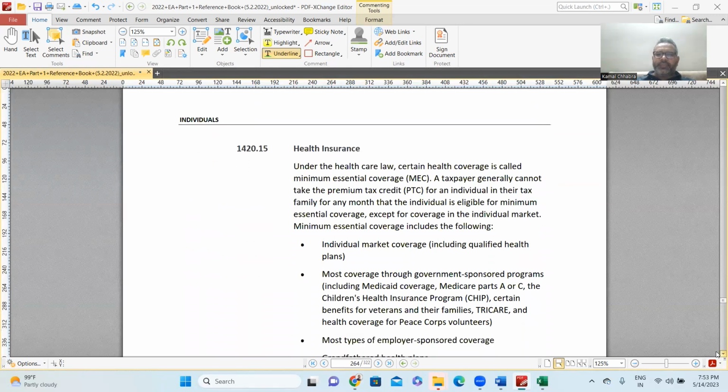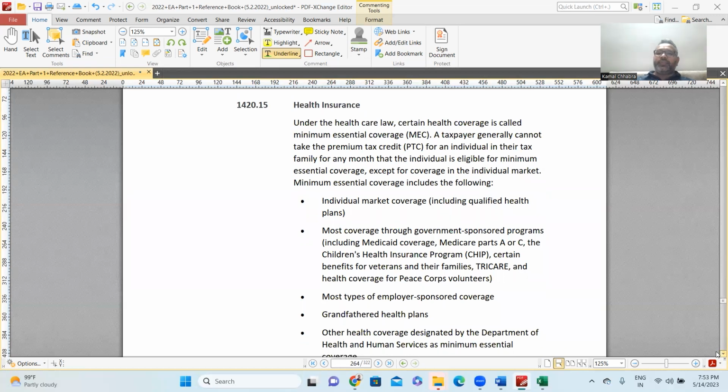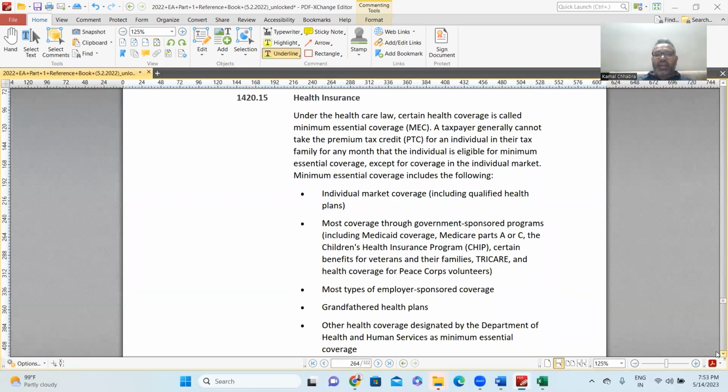Nothing new over here. The next one is health insurance. Under the healthcare law, certain health coverage is called minimum essential coverage. A taxpayer generally cannot take the premium tax credit for an individual in their tax family for a month that individual is eligible for minimum essential coverage, except coverage in the individual market.